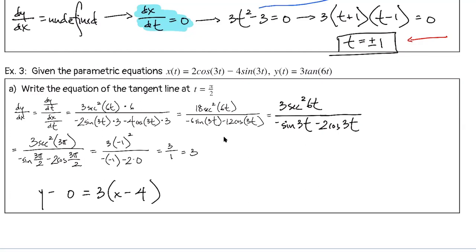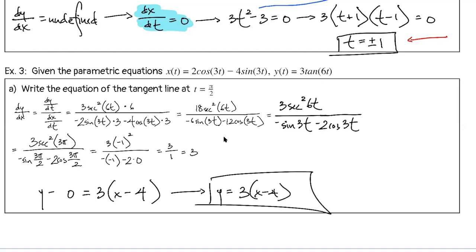Where are you getting negative 3 from? Two times 0.